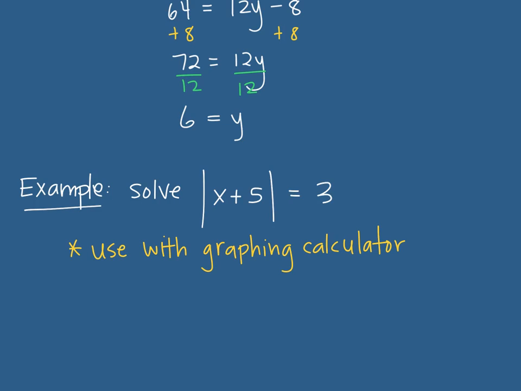Okay, here? No, it doesn't seem right. Well, let me see y equals. Yeah, you can put absolute value in there. So let me clear that out, please. Okay. All right, so let's put absolute value in. So you're going to hit your math button. You're going to go over to the number 2.